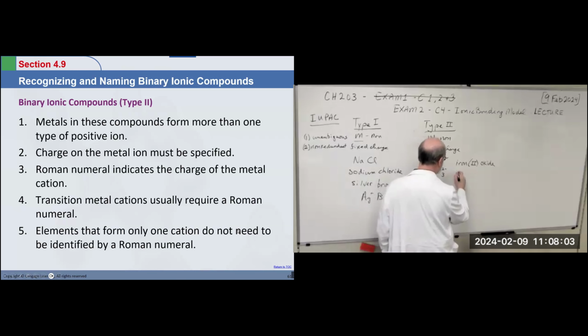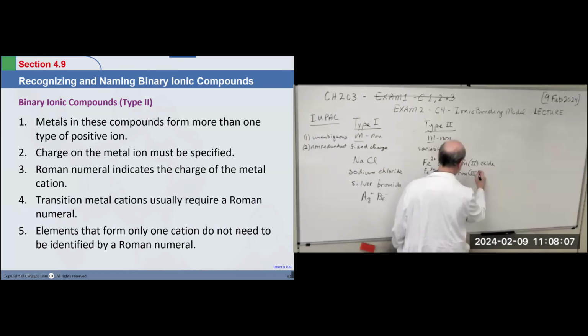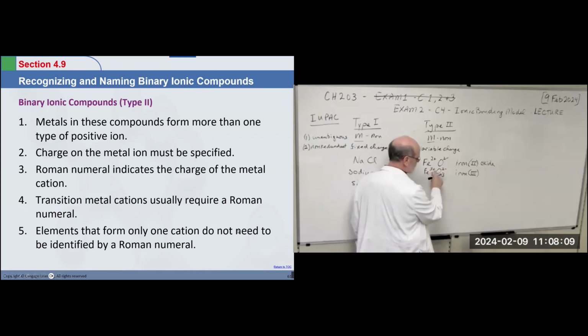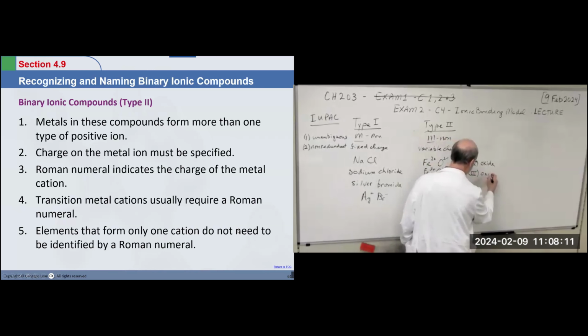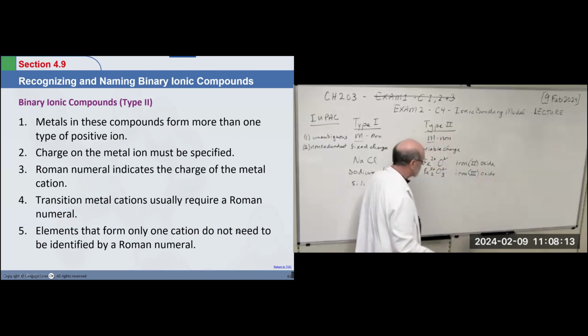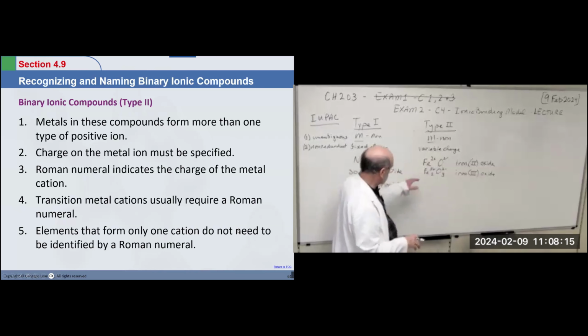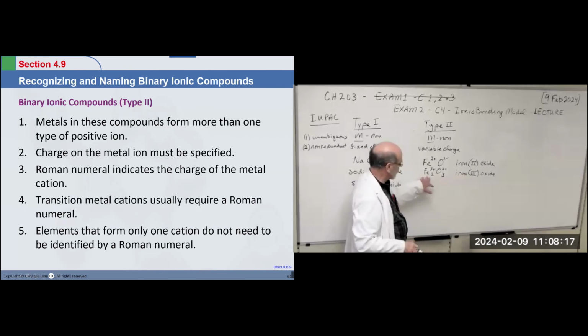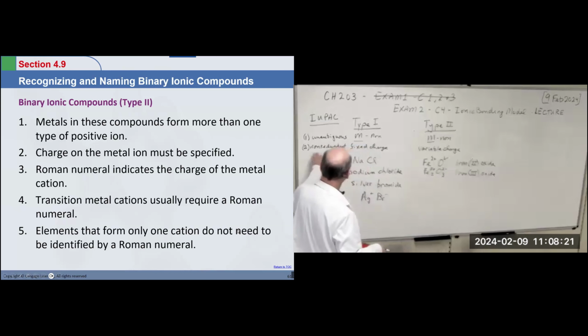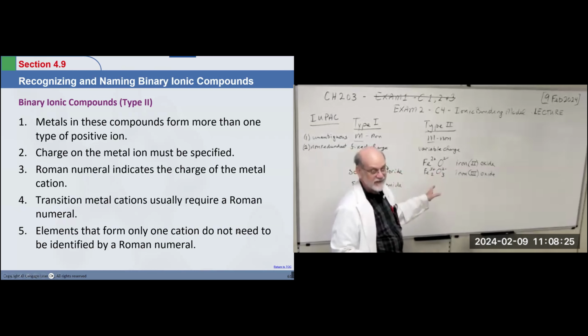Or this one would be iron 3. For the 3+ charge, oxide. Now we give them just enough information so that we can take that name and write this compound. And we're not redundant. We're not saying stuff that doesn't need to be there.